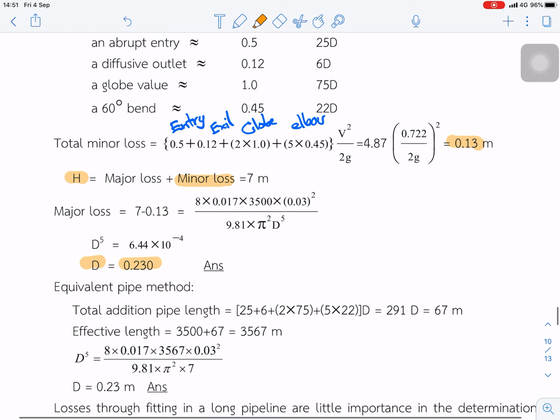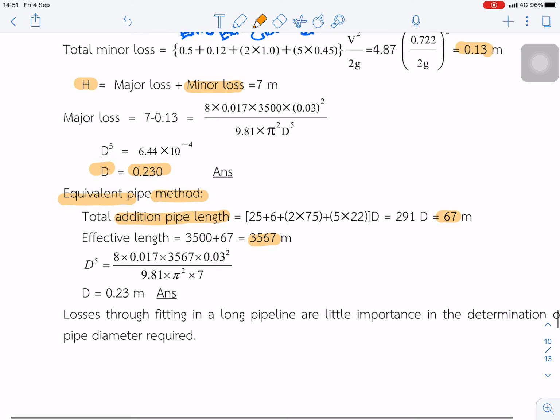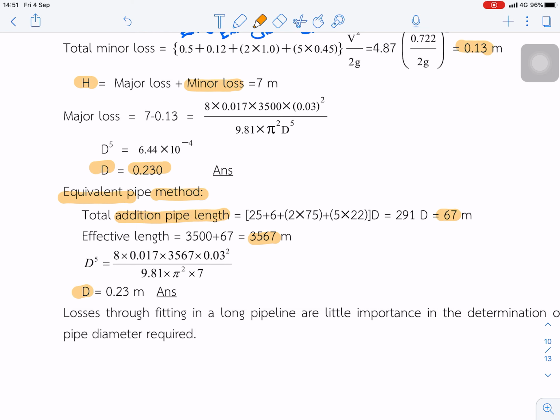We can use the other method we call the equivalent pipe method. We add the pipe length with the equivalent pipe length, and we only add 67 meters to the effective length and find the diameter. So it is almost the same from this number and this number. Okay, got the same diameter.